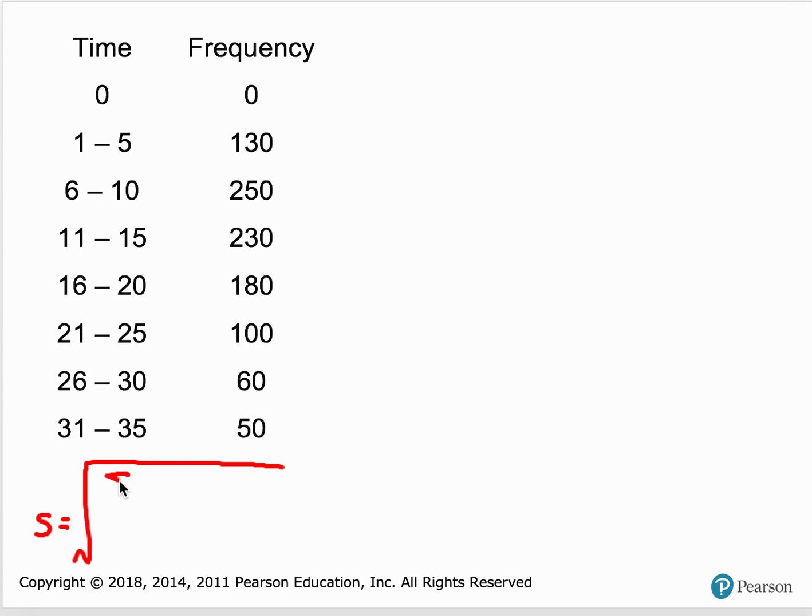So we're going to have the sum of x sub i minus x bar squared times f sub i, all over the sum of f sub i and then minus 1 because it's a sample.